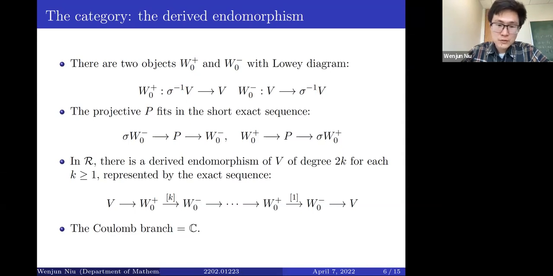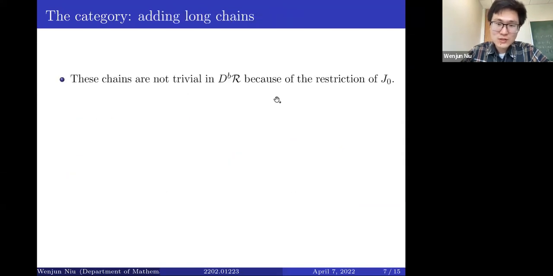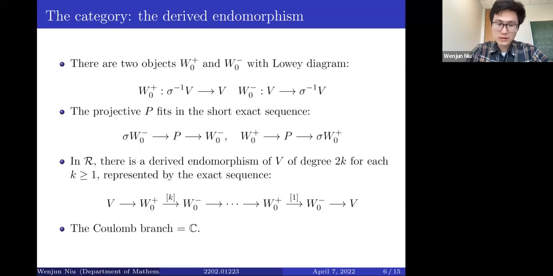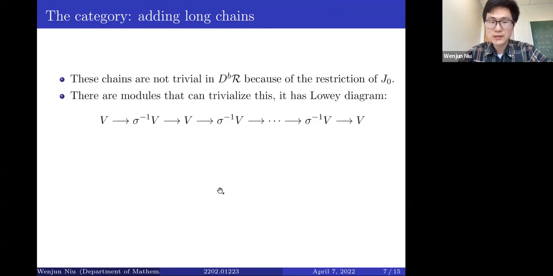Cool. So the problem that there are these extra higher homs is because of this restriction of J0. In fact, if you look at this exact sequence, it can be trivialized if you add a module to it. There is actually a module that has the following Loewy diagram, where it has a bunch of composition factors, and it's indecomposable, and the composition series just iterates itself.